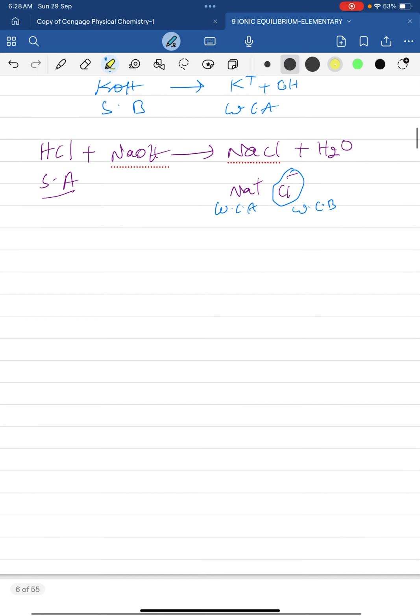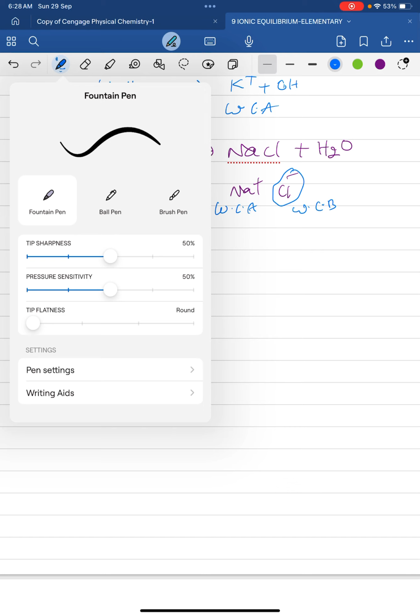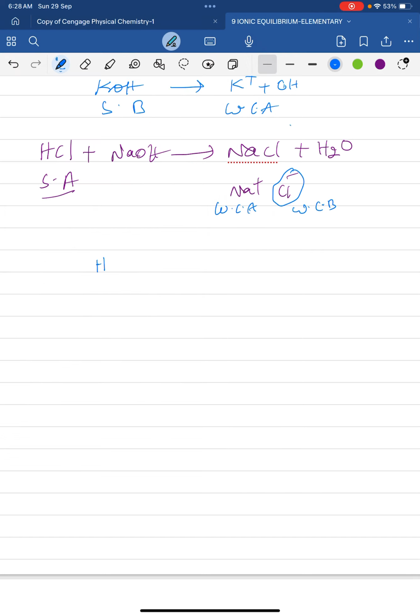Here some compounds can act with amphoteric character. For example, you can choose H2S. It dissociates into H plus and SH minus, and in another step this SH minus can further dissociate into H plus and S 2 minus.